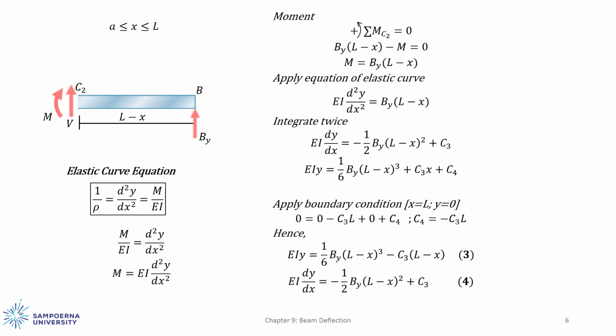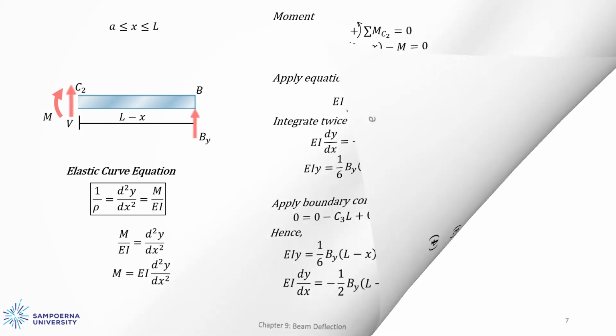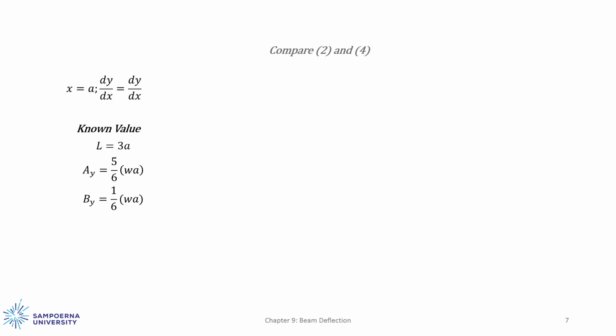Next, we will solve the remaining unknown using the boundary condition at C. Here, we still have a boundary condition at C, where at x equal to a, the slope is the same. So we could compare our equations of slope, containing dy over dx, from each section, which is equation 2 and equation 4.